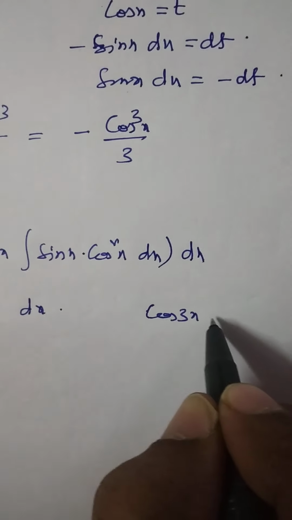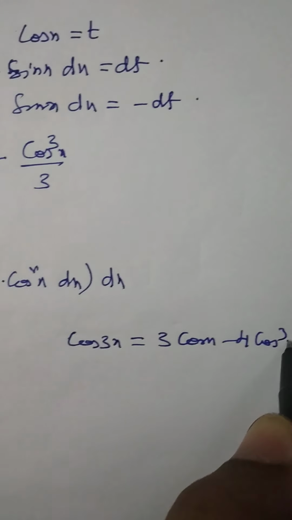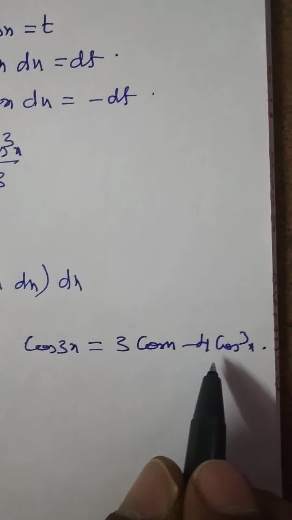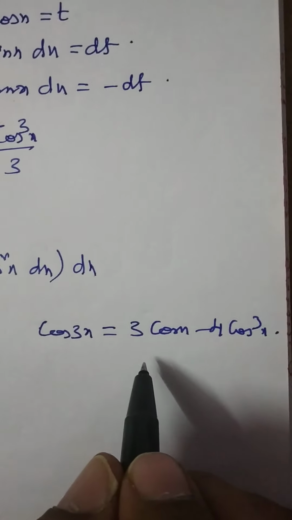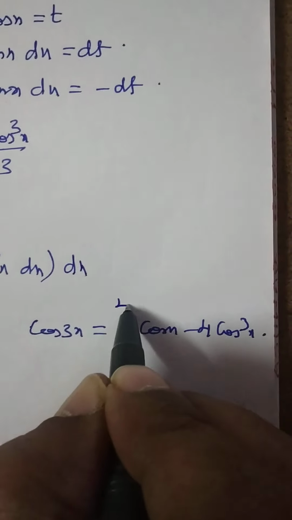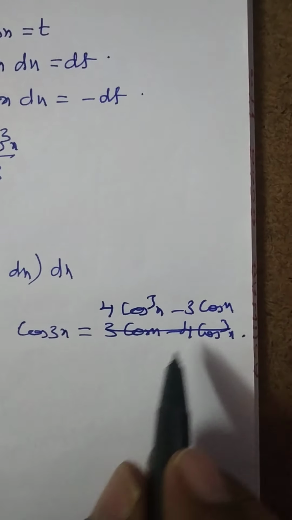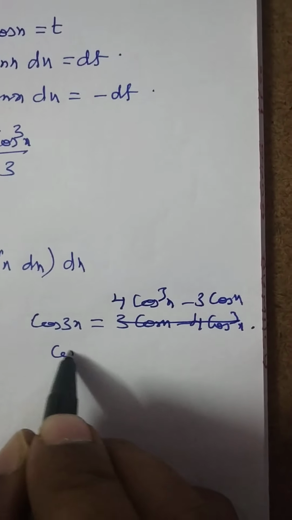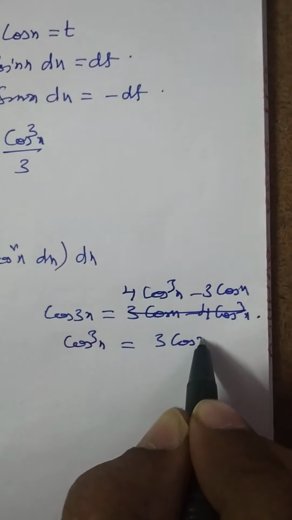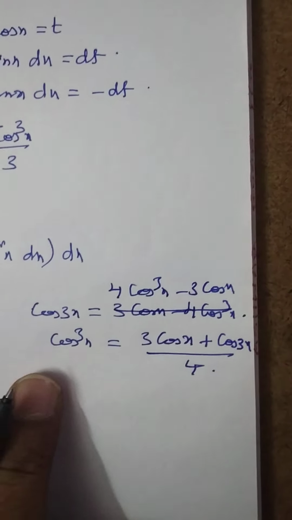Cos 3x is equal to what? 4 cos cube x minus 3 cos x is the formula. So from this what I am going to get is cos cube x is equal to 3 cos x plus cos 3x by 4. I am going to use this formula here.